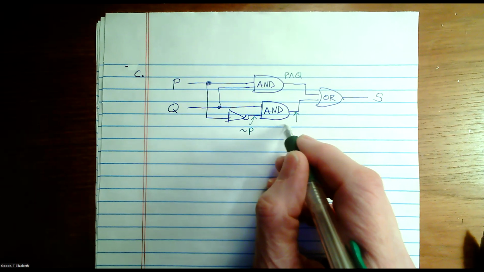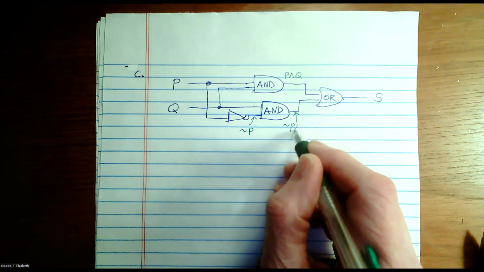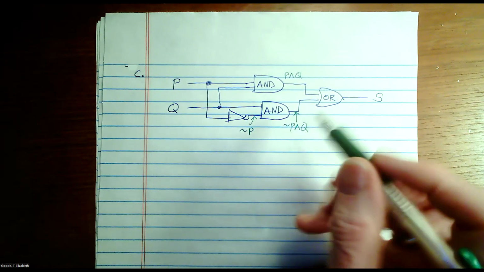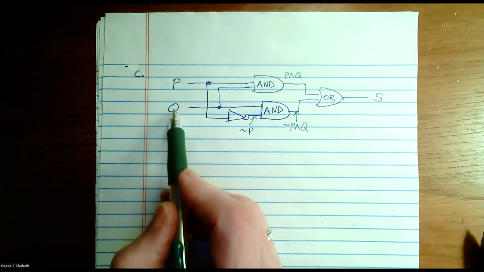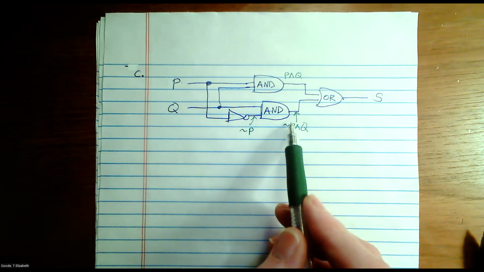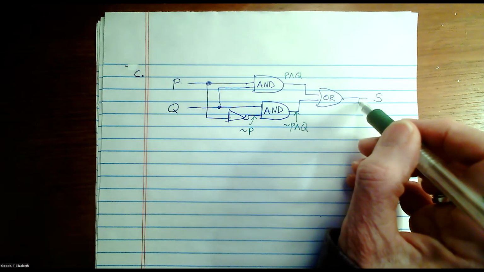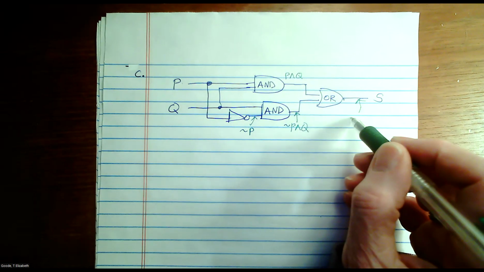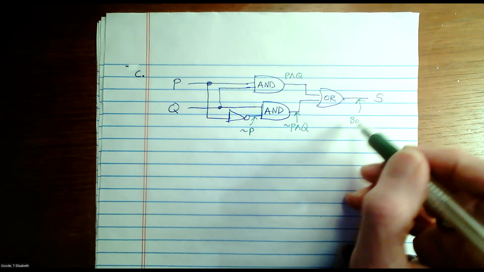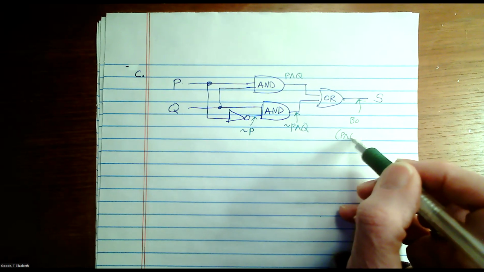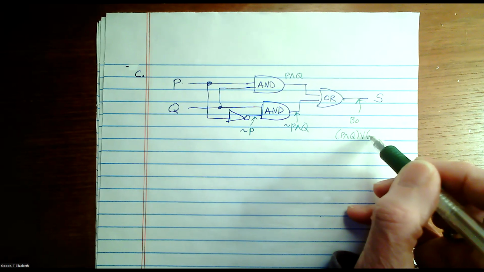Q and not, or not P and Q. That's right. So since we only have two inputs, these outputs from these two AND gates give a complete description of the inputs. And now finally, the Boolean expression: P and Q or not P and Q.